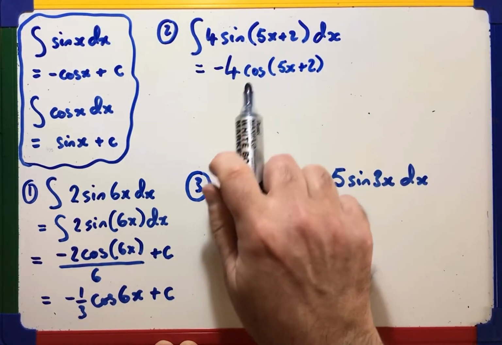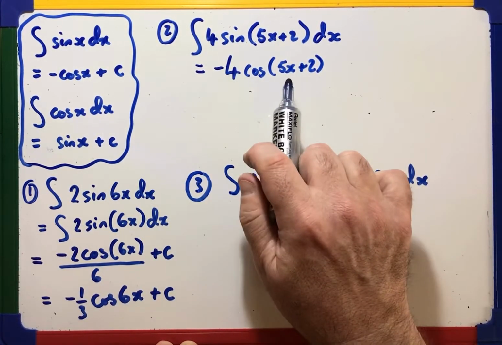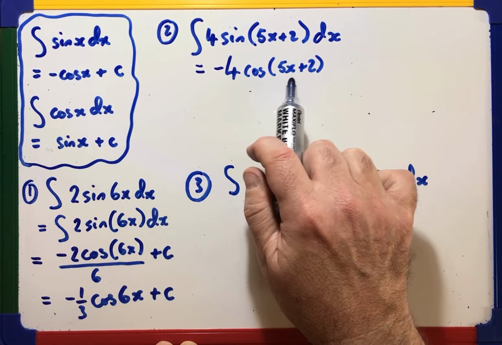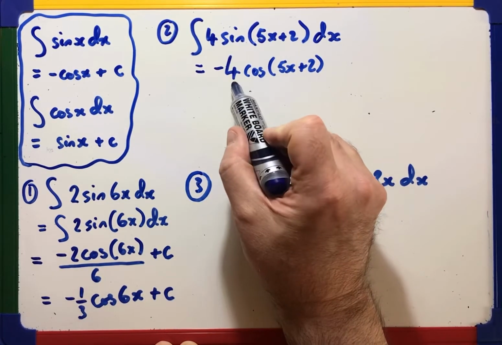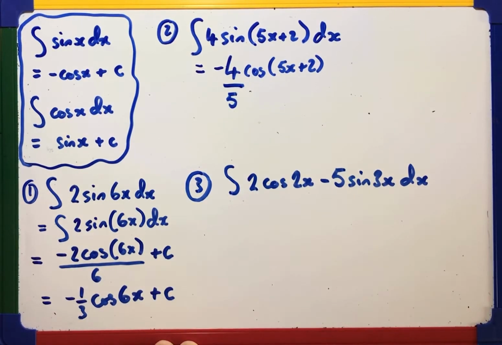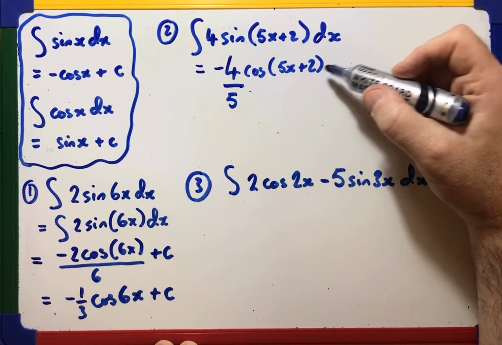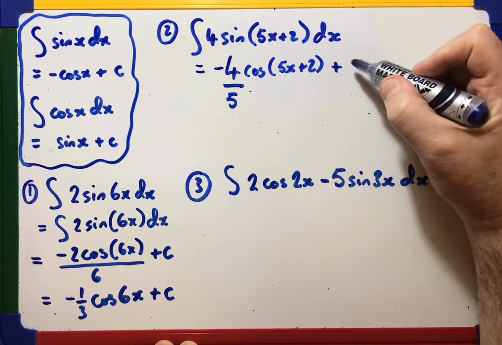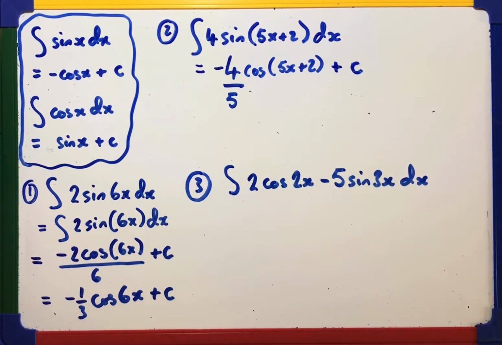That's integrating the sine bit, but then remember, we divide by the coefficient of the x, which is the derivative, so it's minus 4/5, plus the constant of integration c. And that would be that one finished. We don't actually need to do any more there. There's no tidying up to be done.